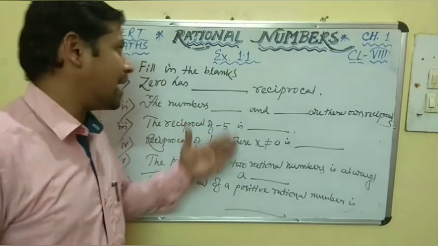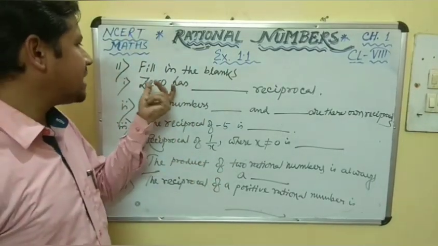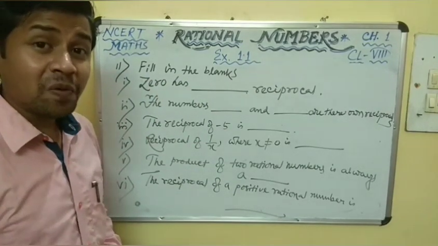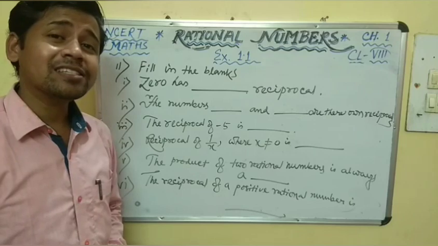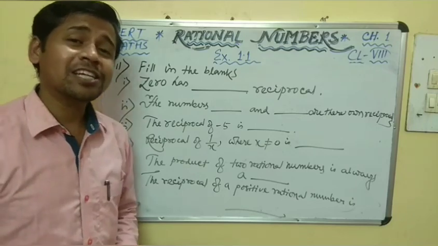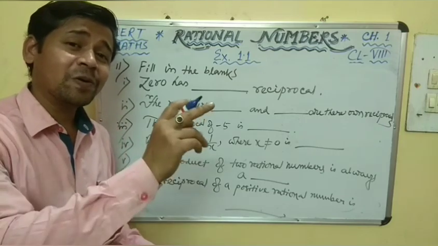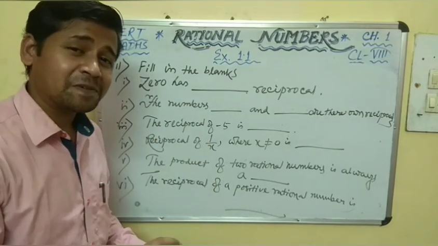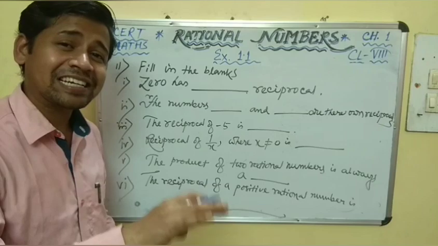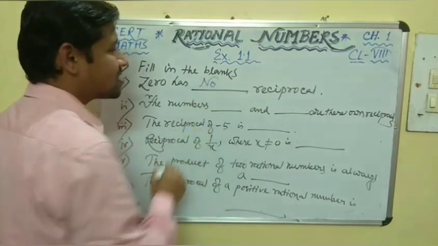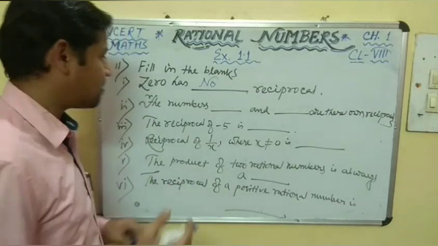See here, fill in the blanks. The first question is: 0 has dash reciprocal. What is the reciprocal of 0? In the previous discussion, we saw the reciprocal of 0 is 1 by 0, which does not exist in the rational numbers. So 0 has no reciprocal.